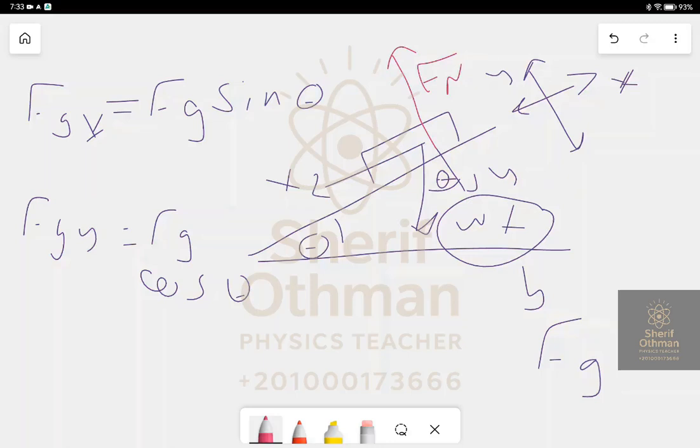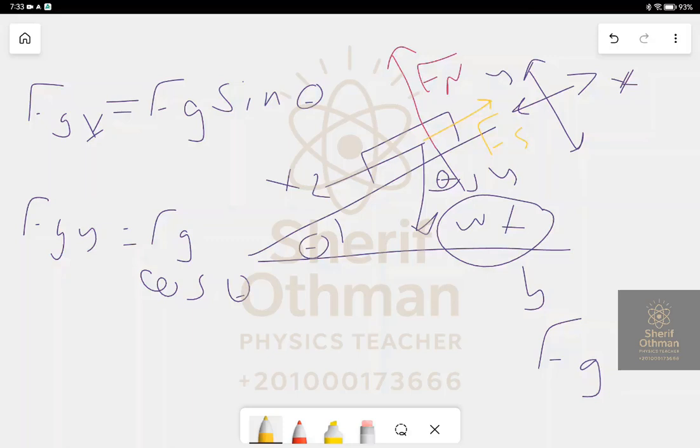And there's another force, applied by the inclined plane against the sliding down, to make this object stationary, which is against Fgx in this direction. And this one is the static friction.